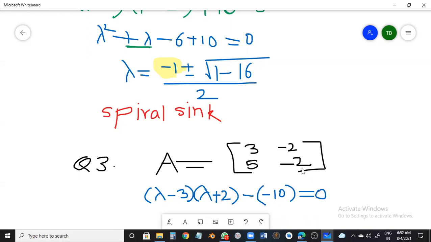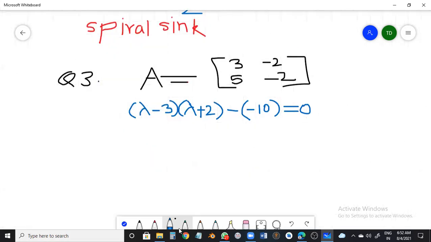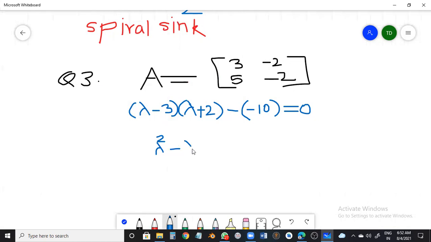So what you observe here, it is going to give you lambda square, minus 3 plus 2 gives you minus 1, so minus lambda, minus 3 into plus 2 gives you minus 6. And this minus minus makes it plus 10 and is equal to 0. So what you got?